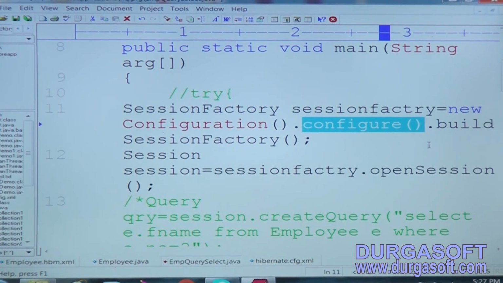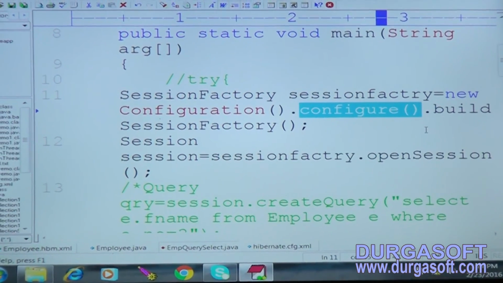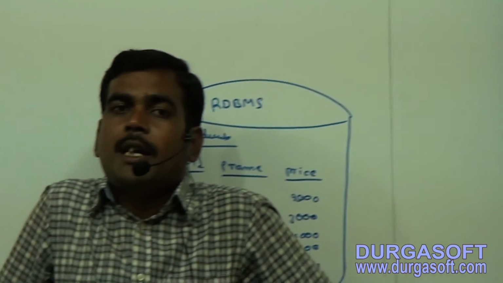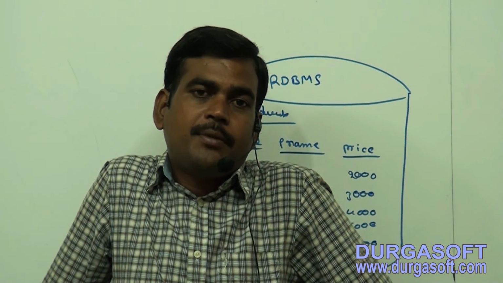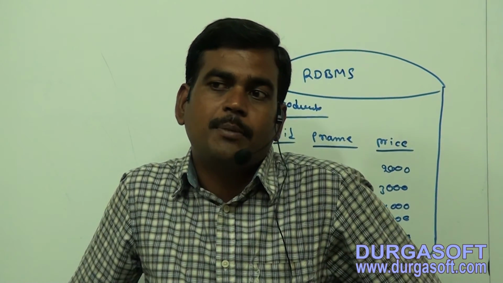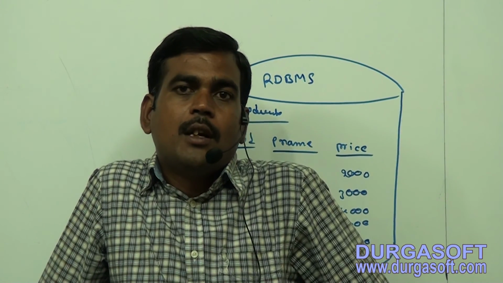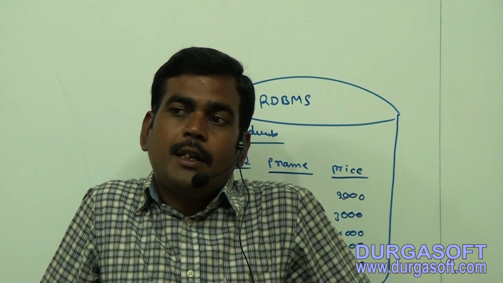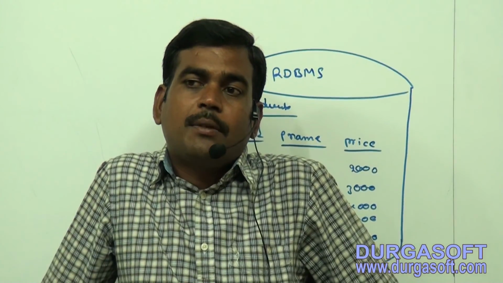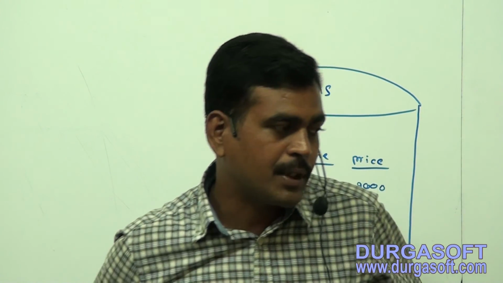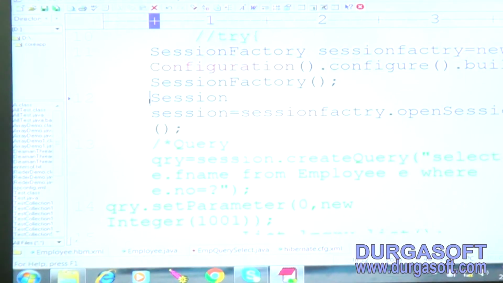But here I am not passing it. Why? Because by default the configuration file name is hibernate.cfg.xml. If you are using the name hibernate.cfg.xml, we need not pass it, it is automatically loaded. Other than that, if any other file name is there, then we must pass that file name inside this configure method, right?